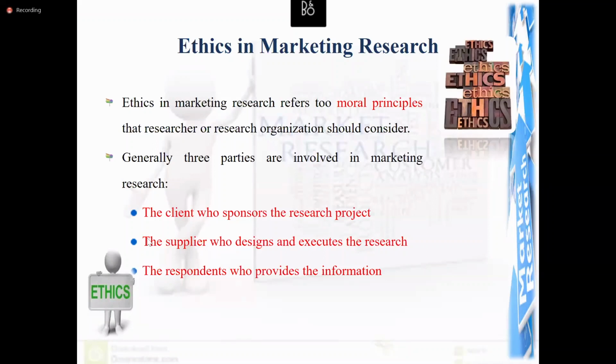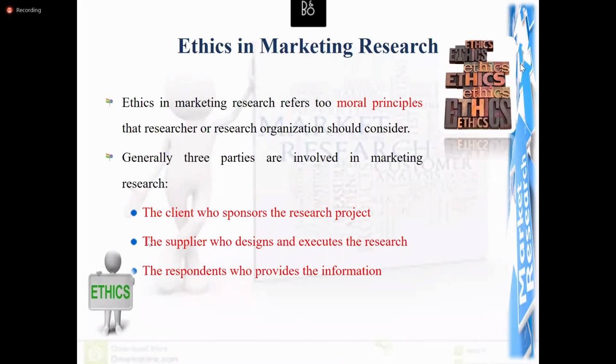So we have to make the respondents comfortable in order to answer the questions or provide the information that you are searching for. Under the circumstances, you cannot force them to do it, or trick them into answering the questions. So these sort of ethical considerations have to be applied.